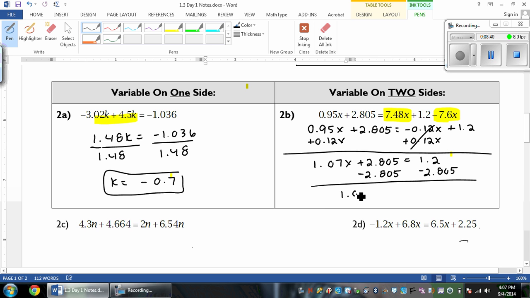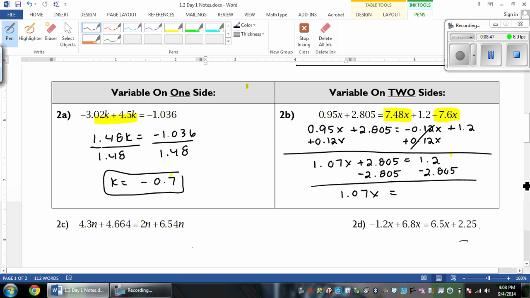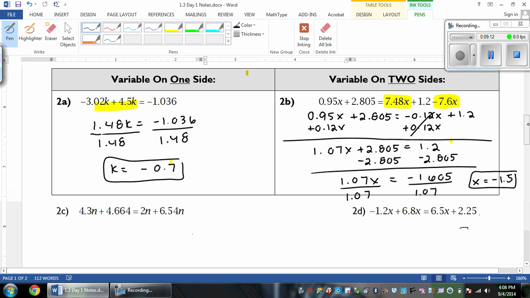I'm left with 1.07x, and it's going to equal -1.605. Finally, at the last step, I'm going to divide by 1.07 to get x by itself. And x is going to equal -1.5. Alright. So it's a little bit more complicated with decimals, but again, you're following the exact same steps.